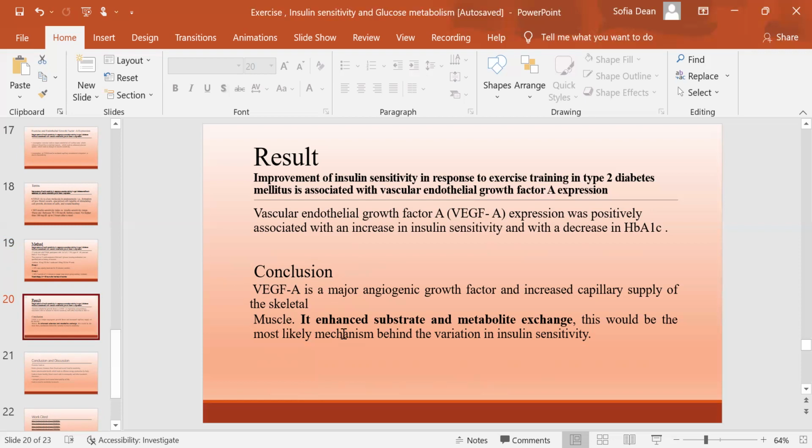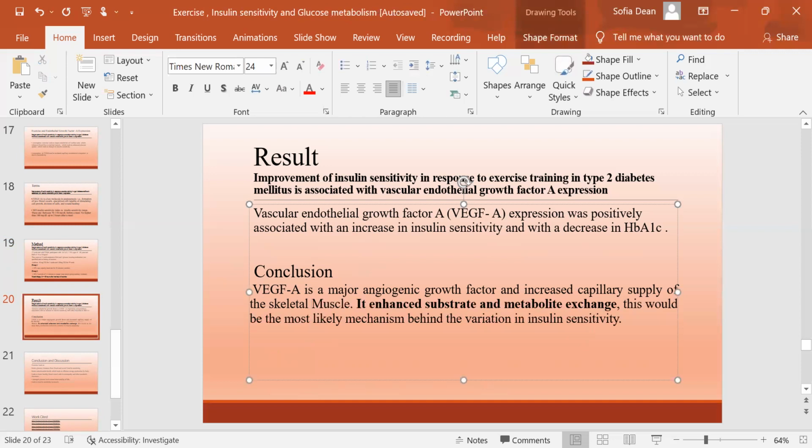So since we're talking about vascular endothelial growth, we already know that patients with type 2 diabetes have neuropathy as one of the major things that happens with the continual increased level of glucose in blood.